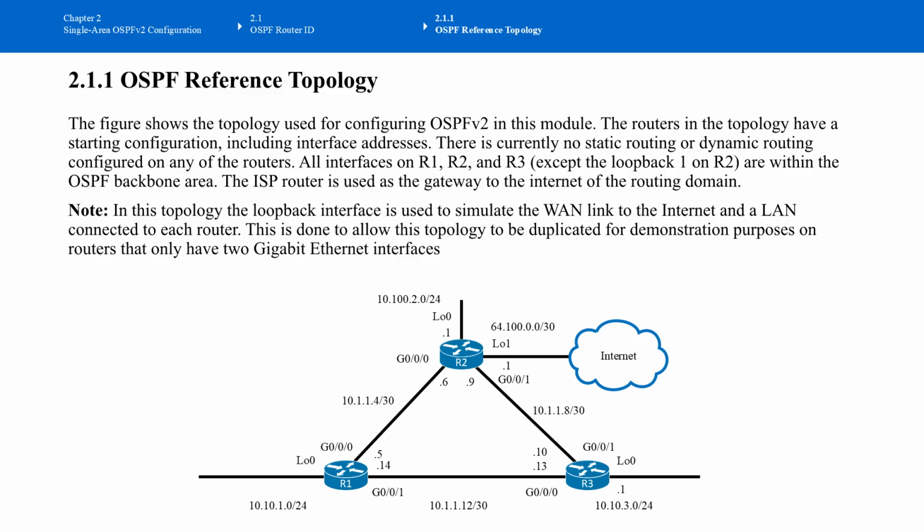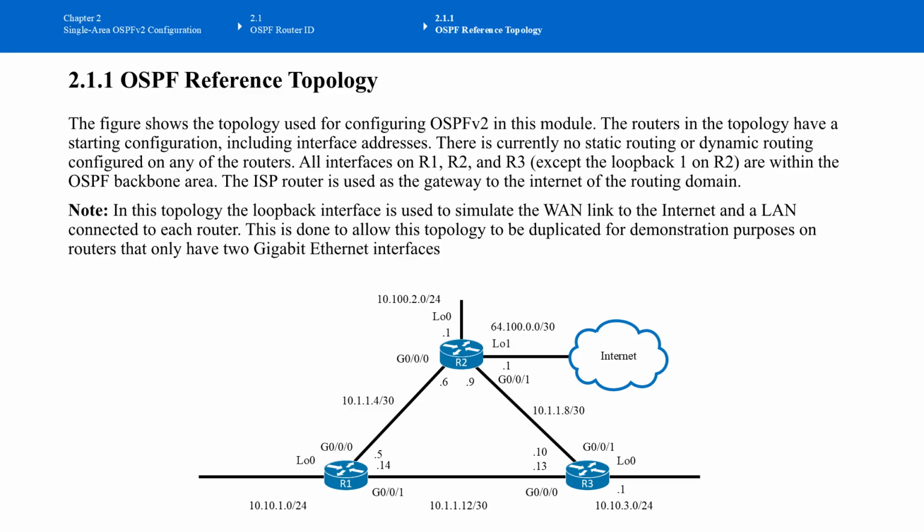Notice that the 3 routers form a triangular topology; this provides multiple paths between routers. For example, R1 can reach R3 directly or indirectly through R2. One of OSPF's key advantages is that it automatically calculates the best path based on interface cost and can quickly adapt if a link fails.